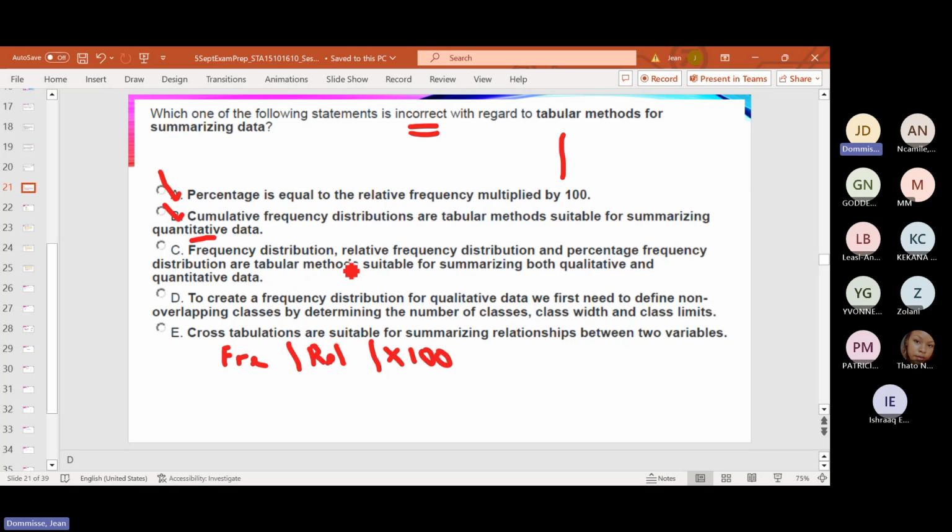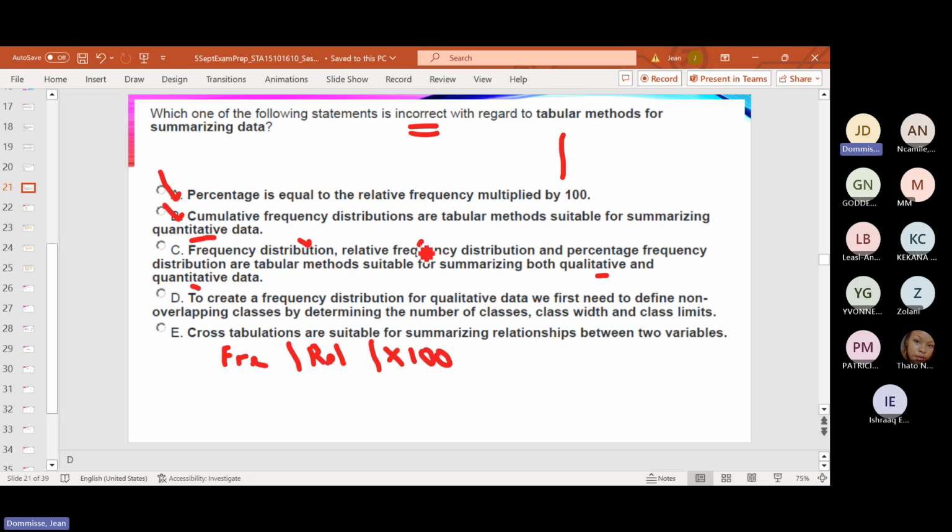Frequency distribution, relative frequency distribution, and percentage frequency distribution are tabular methods suitable for summarizing both qualitative and quantitative data. So let's say we've got the number of people in each province, then we have a frequency distribution, which is fine.